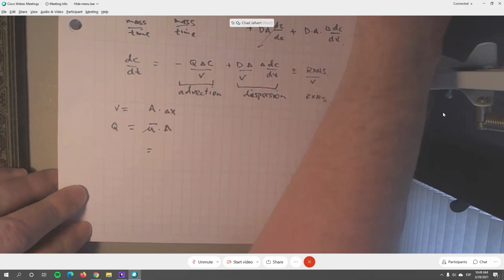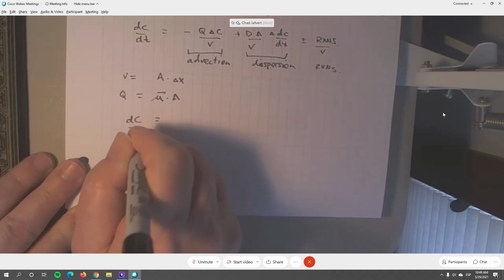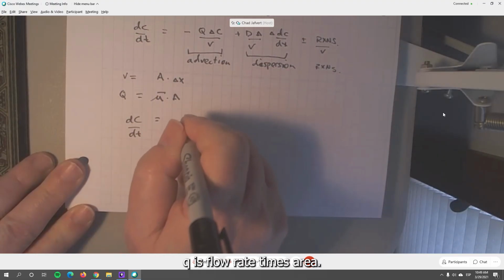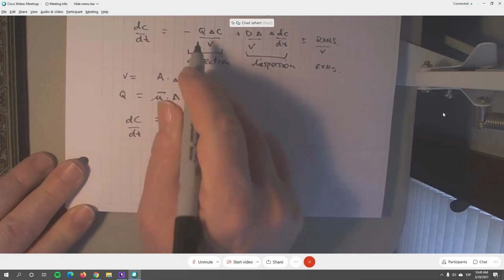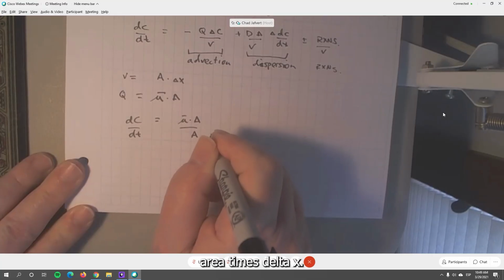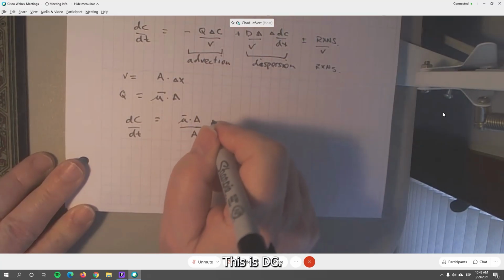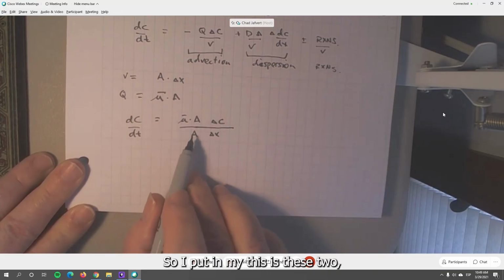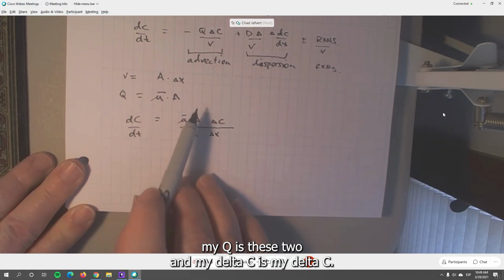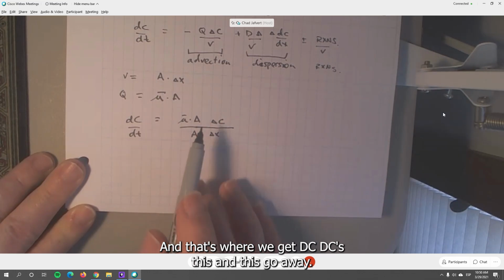If I do that, I get dC/dt is equal to Q, flow rate times area, volume is area times delta x. This is dC. So I put in my V is these two, my Q is these two, and my delta C is my delta C, and that's where we get dC/dx.